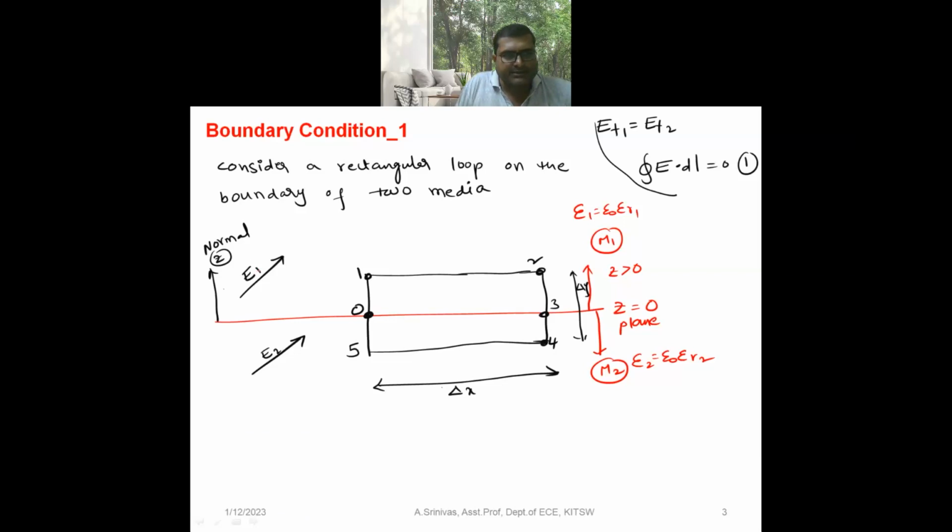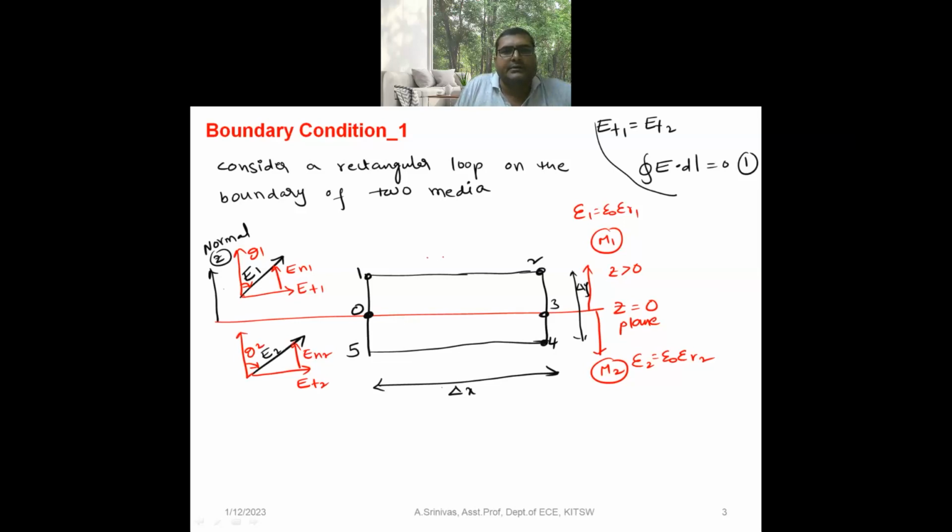Now E1 in medium 1 can be split into its tangential component and normal component. The angle made by electric field in medium 1 with respect to normal is theta 1, and E2 can be split into ET2 and EN2, and the angle made by electric field with respect to normal in medium 2 is theta 2.